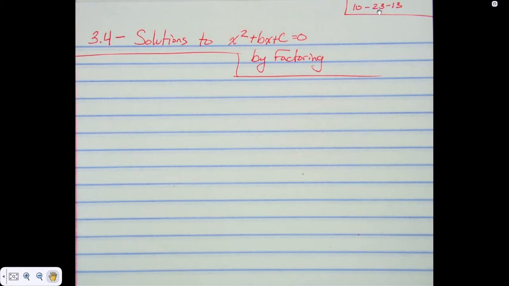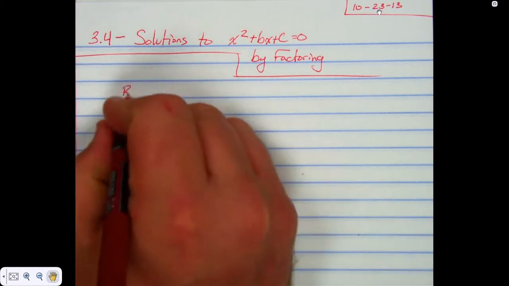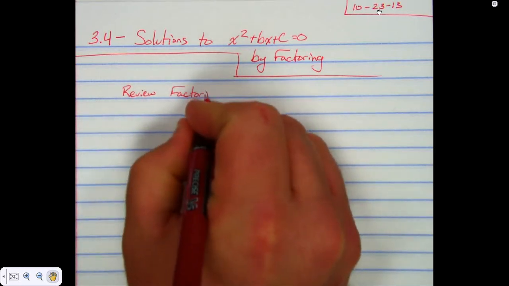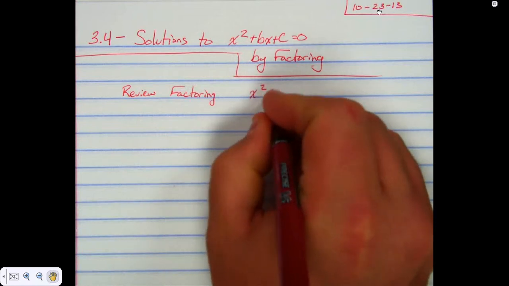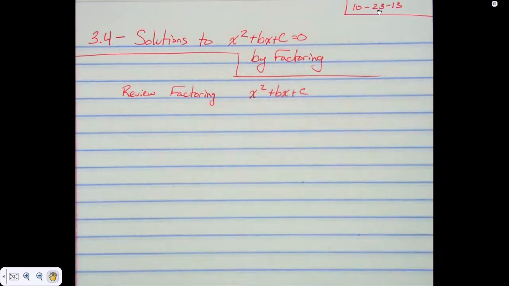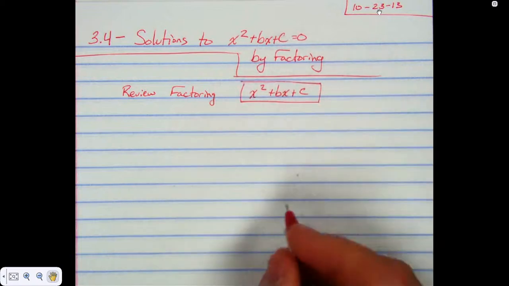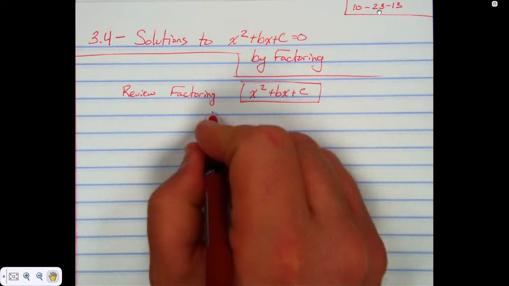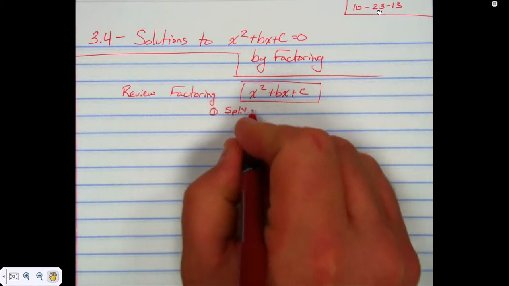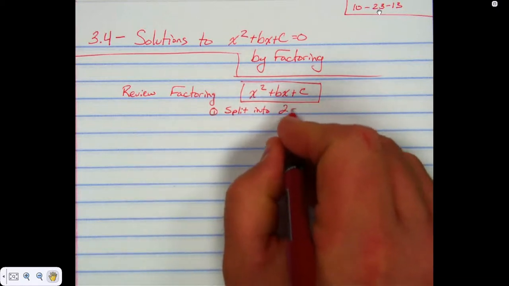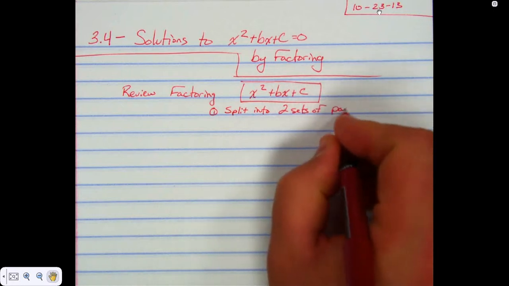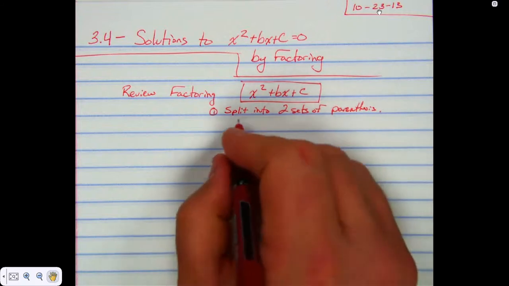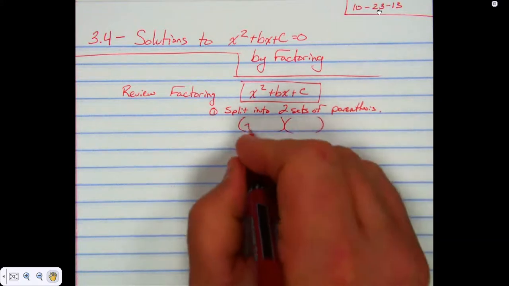All right. First of all, to review, x squared plus bx plus c. When you have something in this form, one, you split into two sets of parentheses. And you put x, right?